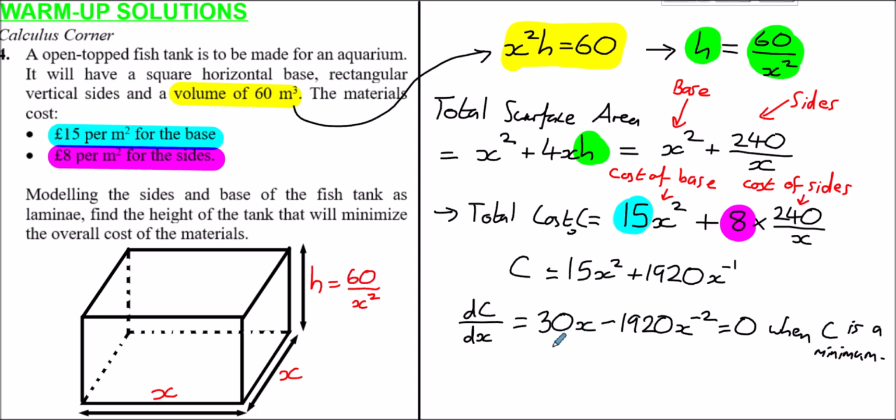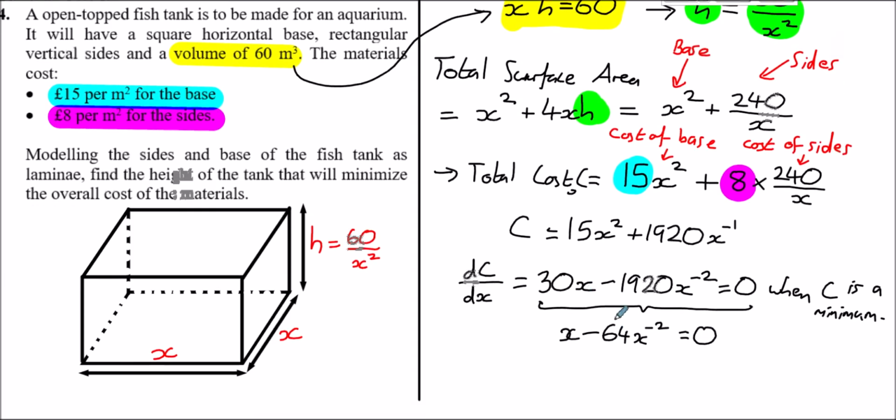So let's just take this. Now it just so happens we can neaten this up a lot. We can actually divide through this whole thing by 30. What we get there is x minus 64 x to the minus 2 equals 0. We can now multiply everything through by x squared to get rid of this x to the power minus 2.